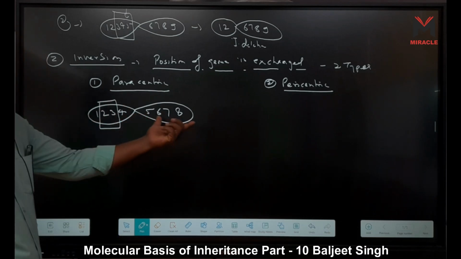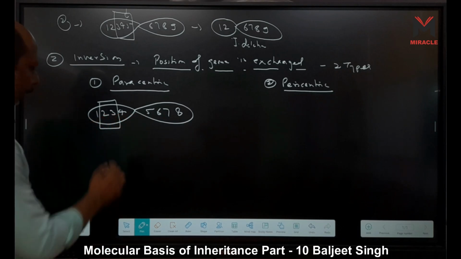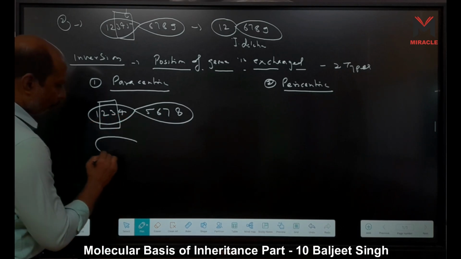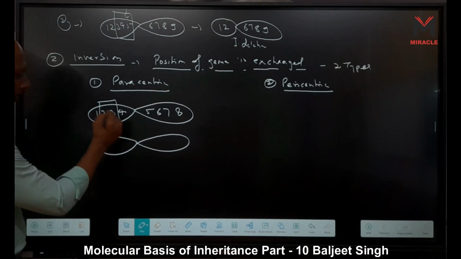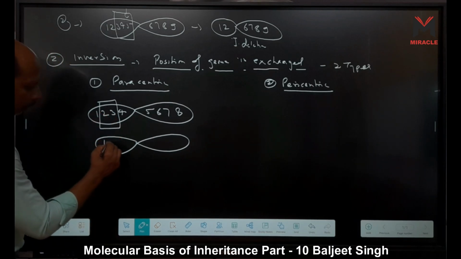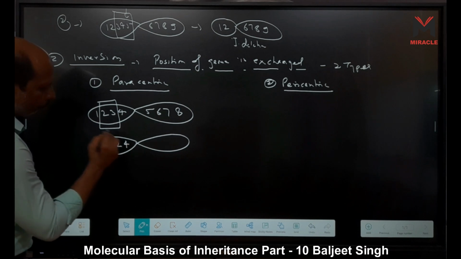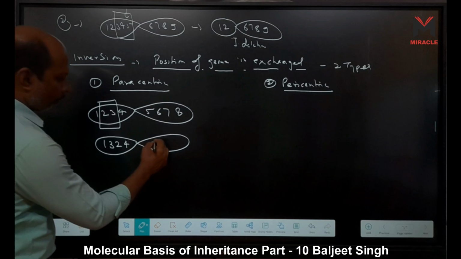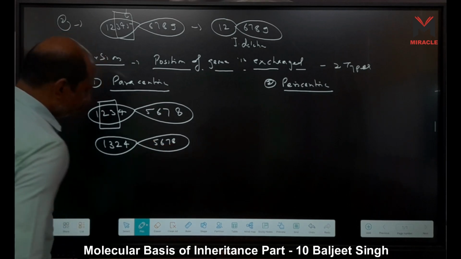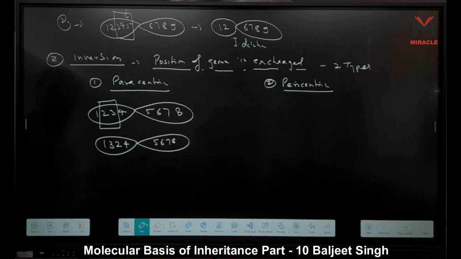Either one side or two side, that is not a matter, right? Now new chromosome becomes, no part is deleted here, but this position is changed. 1, 3, 2, 4, 5, 6, 7, 8. Look here, this number is changed. So this one is called paracentric, right?